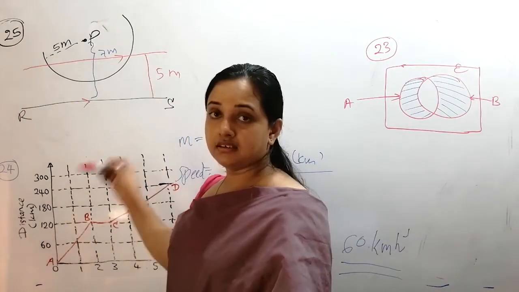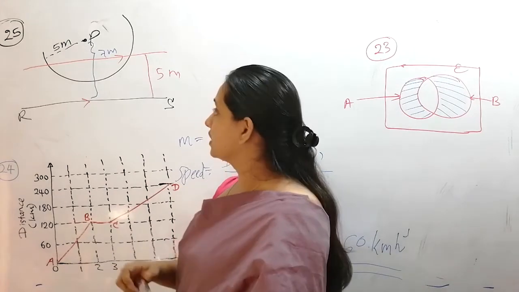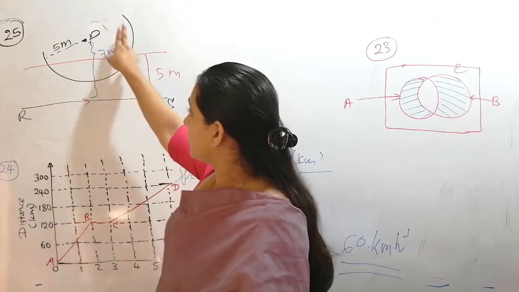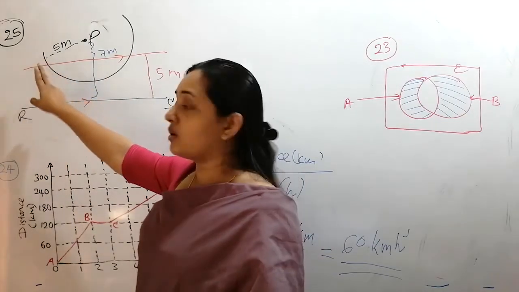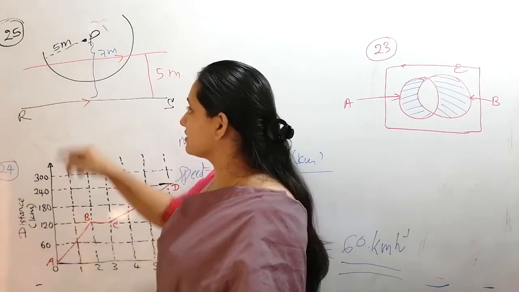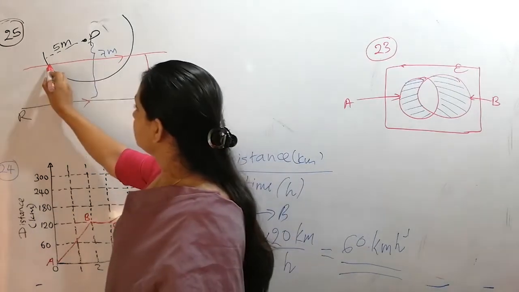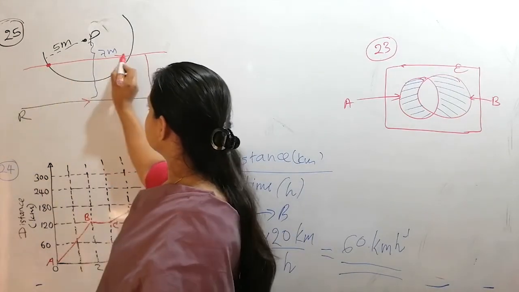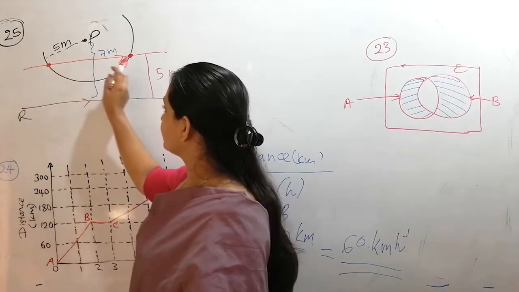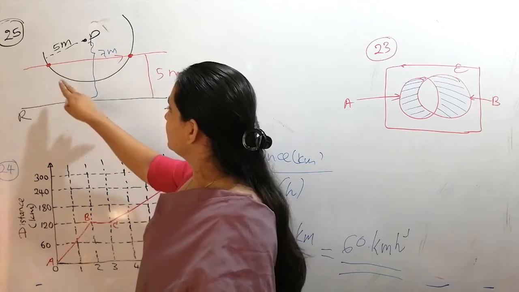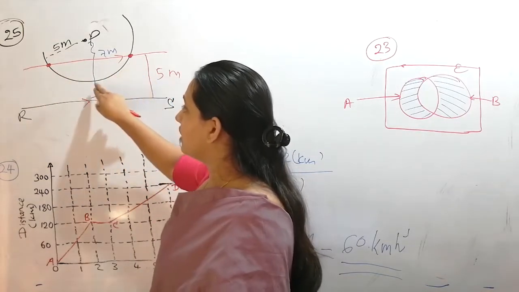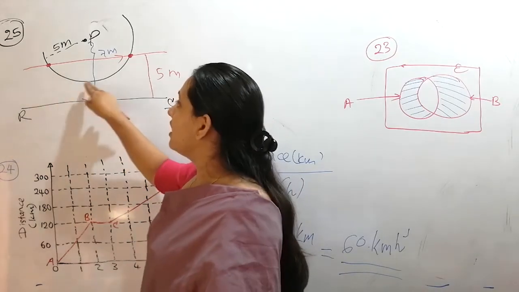But here it has to fulfill two requirements. The point should be on the arc, and also the point should be 5 meters away from the RS line. Then the points are these points and these points only. These two requirements are fulfilled by only these 2 points, because these points are on the arc but they are not 5 meters away from the RS line.